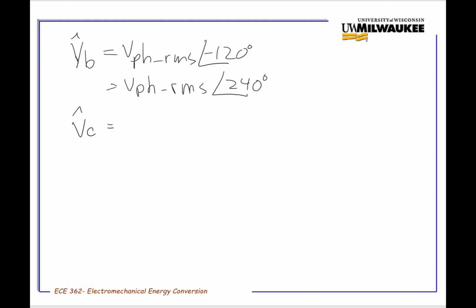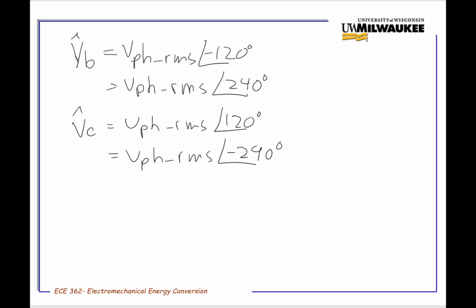Also, if we say VC is V phase RMS at positive 120 degrees, we can write it also as V phase RMS at negative 240 degrees if we want it. So it's really up to us how we want to represent these phasors.